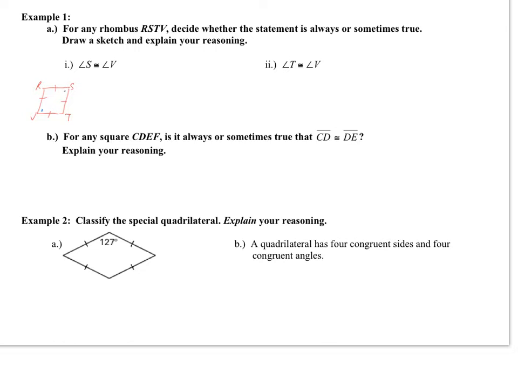Well, since we have all sides congruent, or just simply two pairs of sides that are congruent to each other, by theorem 8.3, where two pairs of opposite sides are congruent to each other, then we can say that this rhombus RSTV is a parallelogram.